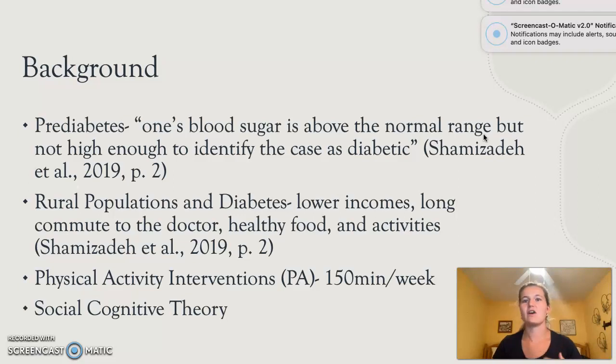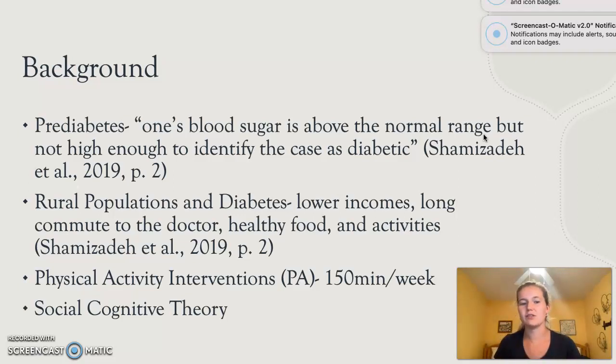Some of these are lower socioeconomic status, longer commutes to get to doctor's offices and other healthcare facilities, lack of access to healthy, affordable food, and long distances to workout facilities, walking paths, and other areas to exercise.